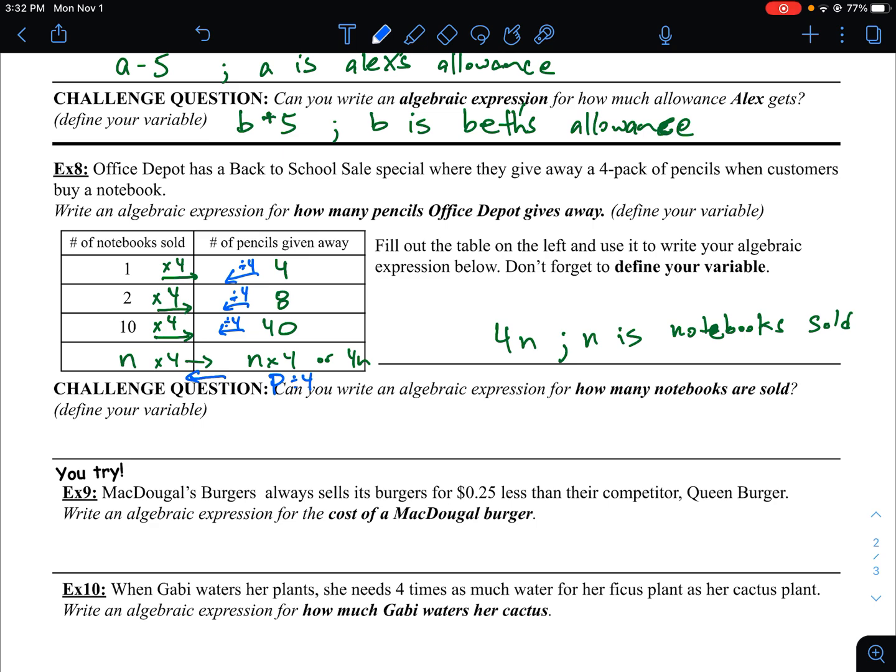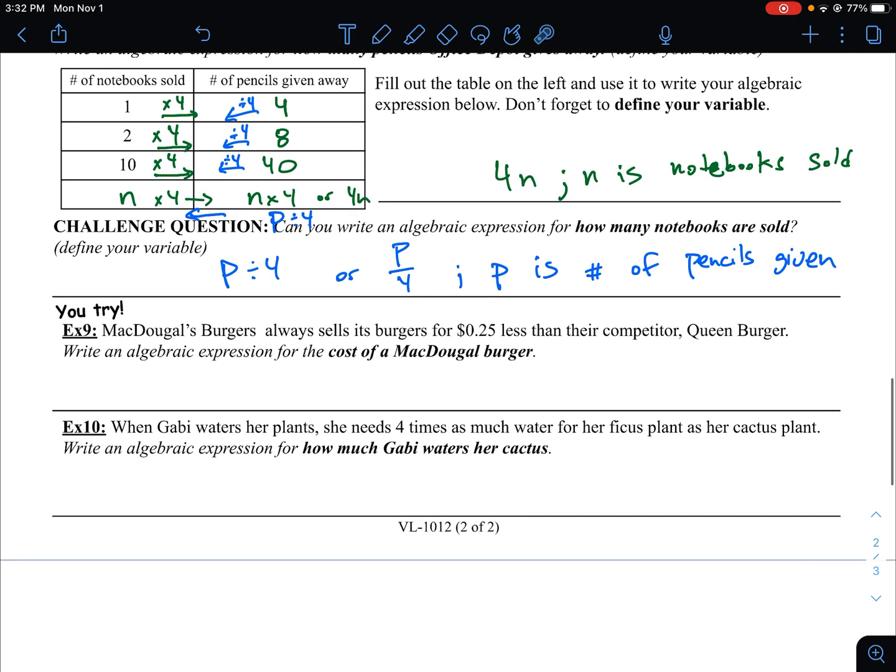So it's just p divided by 4, and p is number of pencils given away.